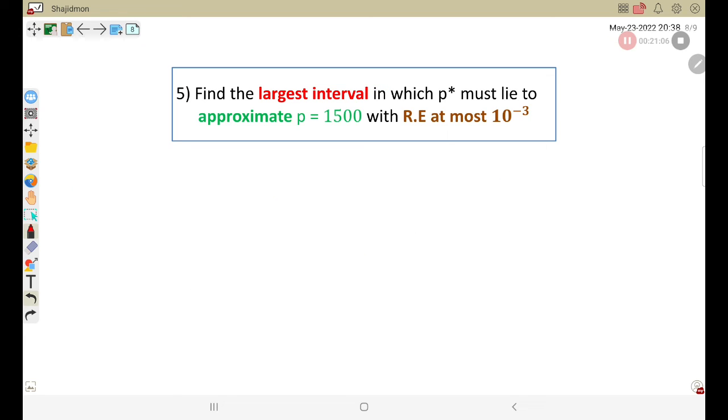We will write the last step for this question also. Find the largest interval in which P star must lie to approximate P equal to 1500, with relative error at most 10 power minus 3. So tell me how to write P star less than or equal to, correct? Now we start with the number 1500 plus here.